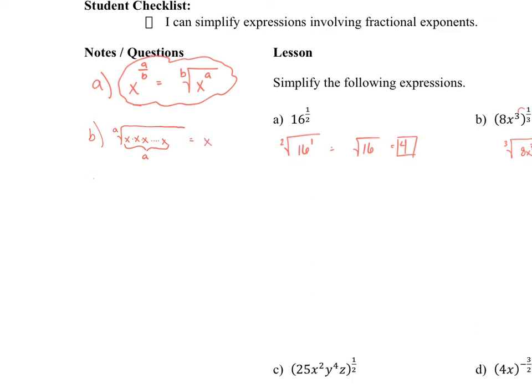So for example, let's say that we had something like the 4th root of 3 times 3 times 3 times 3. There are 4 of them here, right? So the 4th root of 3 to the 4th power is 3. And 3 to the 4th power is 81. So the 4th root of 81 is 3. And we're probably going to use that in the near future as well.